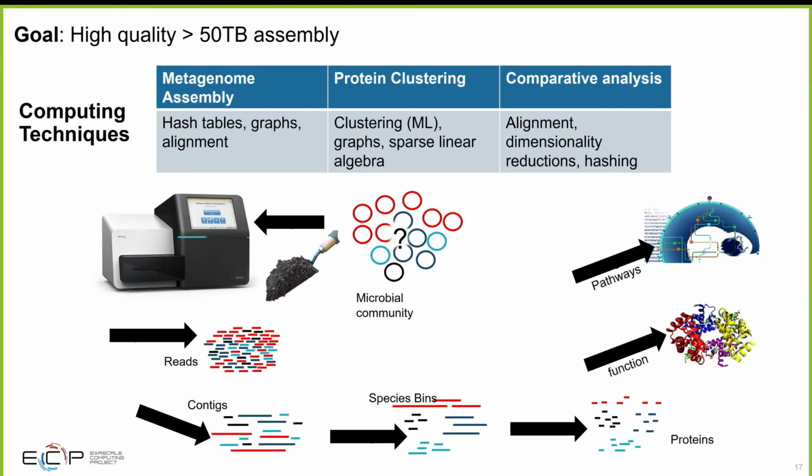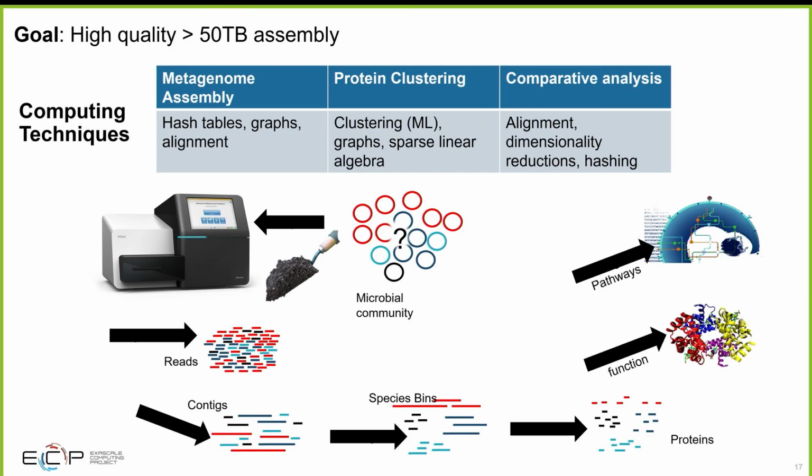One is metagenomics, which I mentioned. This is Kathy Yelick at Berkeley. If you're not familiar with the metagenomics problem, it's kind of fascinating. You scoop some dirt, or you get a bucket of lake water, or you get some bark off a tree, and you want to infer what the microbial community is by doing DNA sequencing. It's kind of like you've got a bunch of pieces to 100 different puzzles, and you've got to put them all together, maybe with some missing pieces or some torn pieces, as best you can.